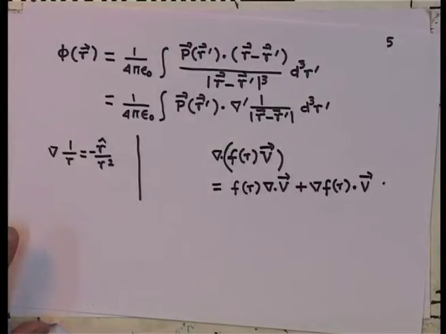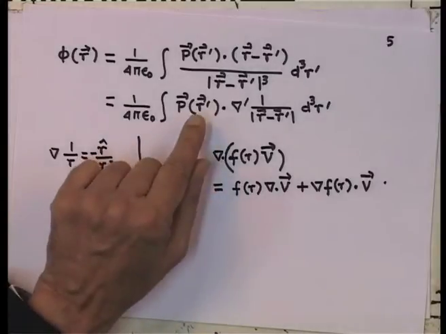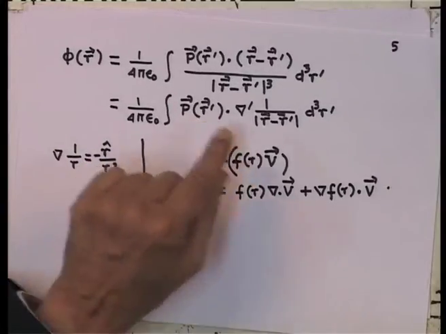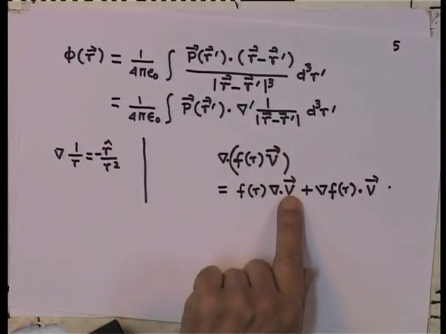So, you notice I have got exactly the same thing here. I have got a vector function dotted with a gradient of a scalar function, which is my first term.